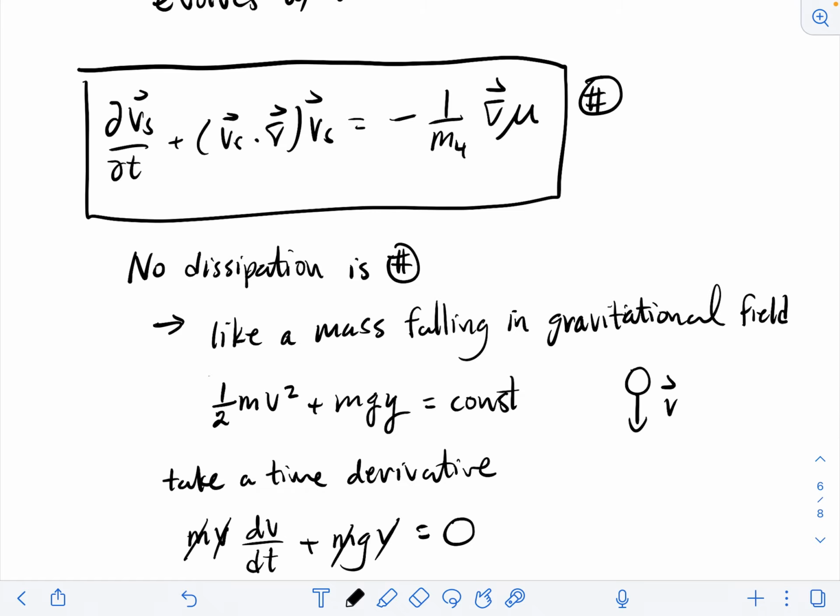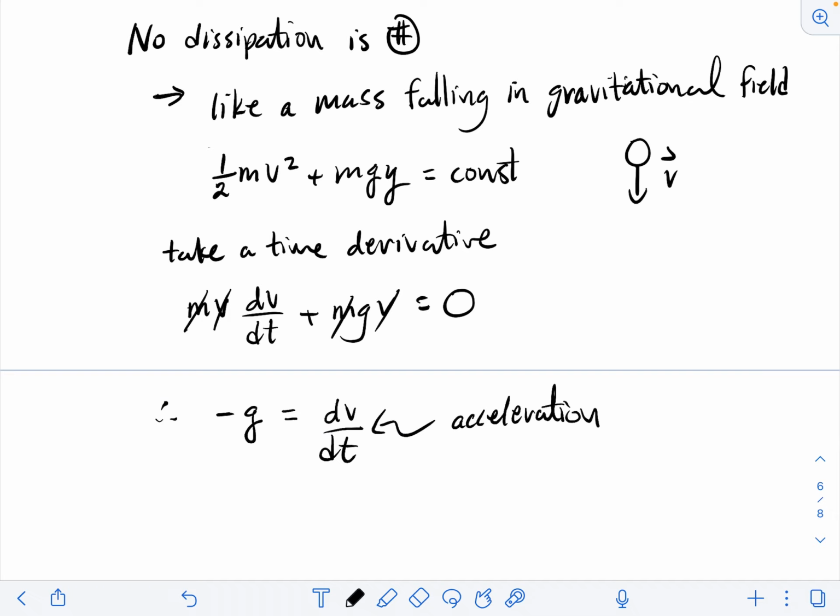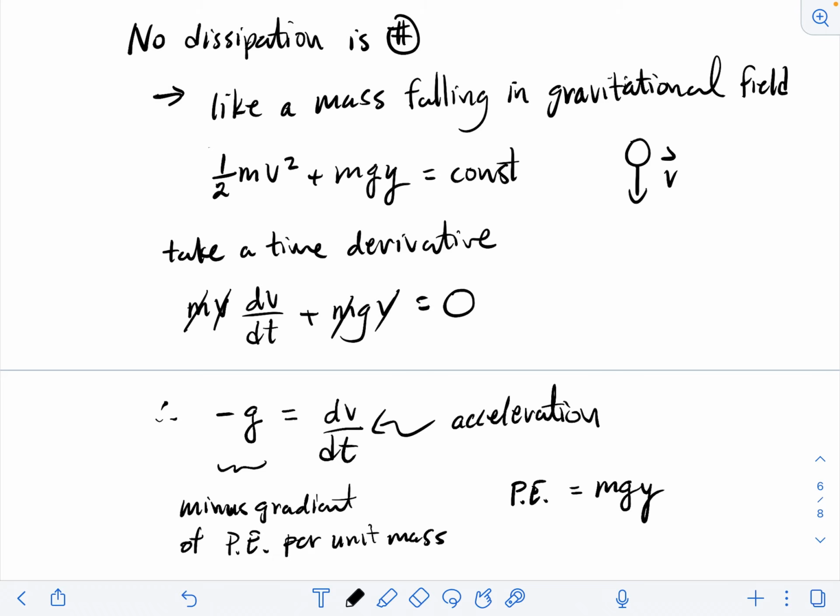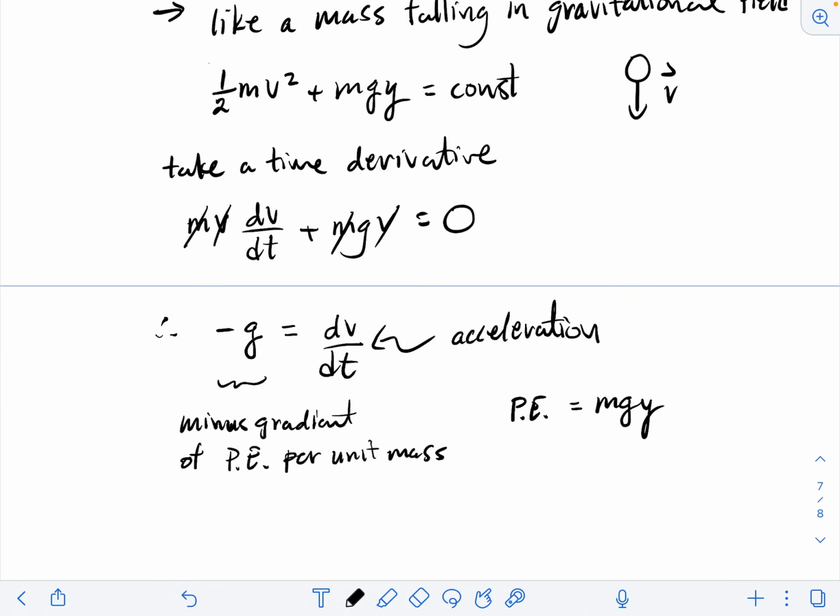And then minus g is minus the gradient of a potential energy per unit mass. To see that, the gravitational potential energy is equal to mgy, and if we take minus the spatial derivative of the potential energy, that would be equal to minus mg, and then you divide by mass, you get minus g.